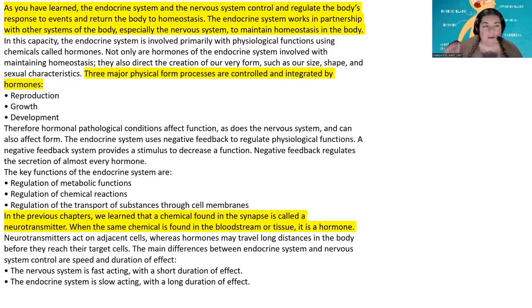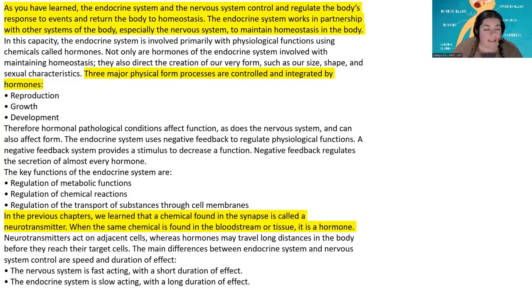That is the main function, not the only function, not by far, but one of the main functions of the endocrine system. We also have our reproductive abilities, our growth abilities, and our development is all responsible of the endocrine system.